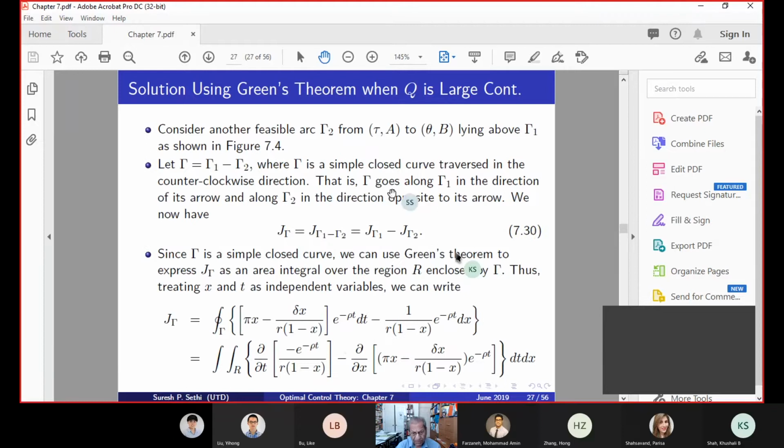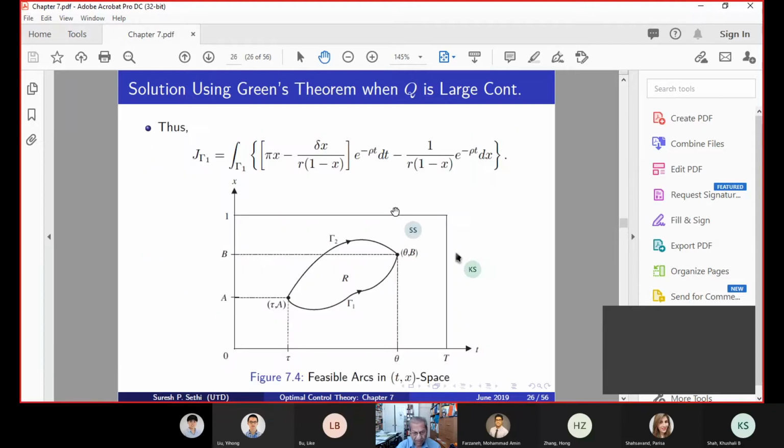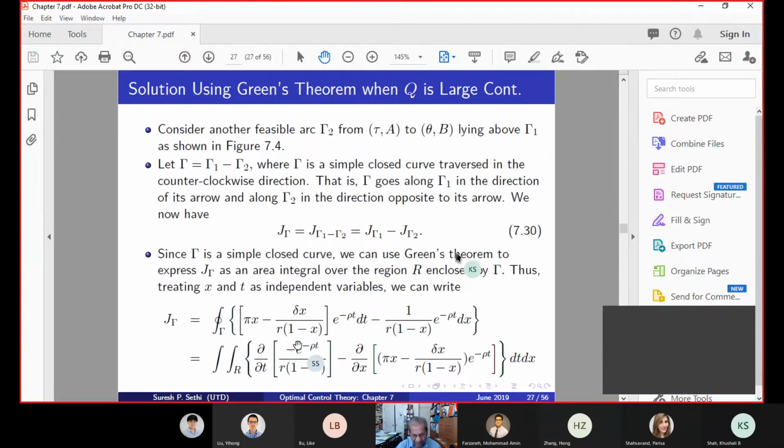You take this as M and this as N, then you take partial M partial x times dt minus partial M partial t dx.